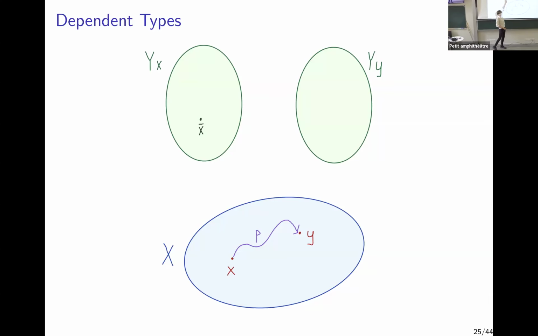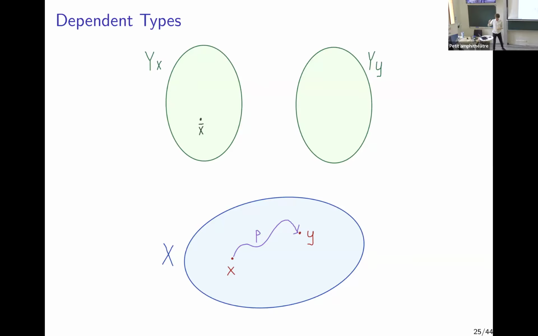And on the top, we have a space Y that I do not draw as a single space, but rather in terms of its fibers. So for each point here, we have a fiber above it. So for x, we have the fiber Y x, and for y, we have the fiber Y y. So we think of a dependent type as a space above another space.